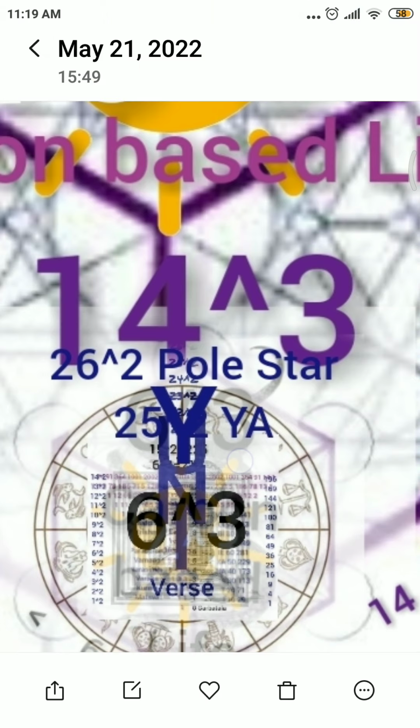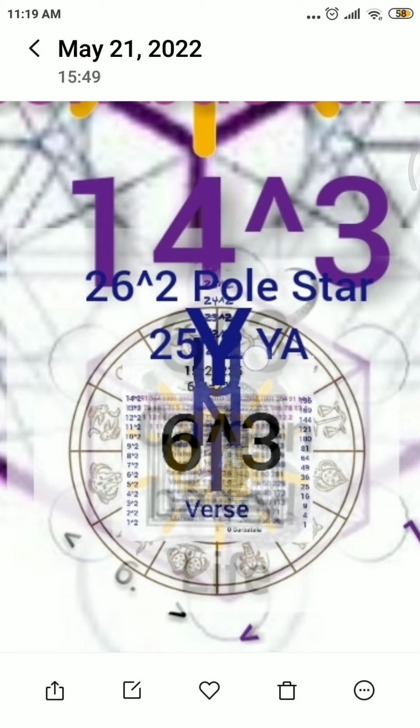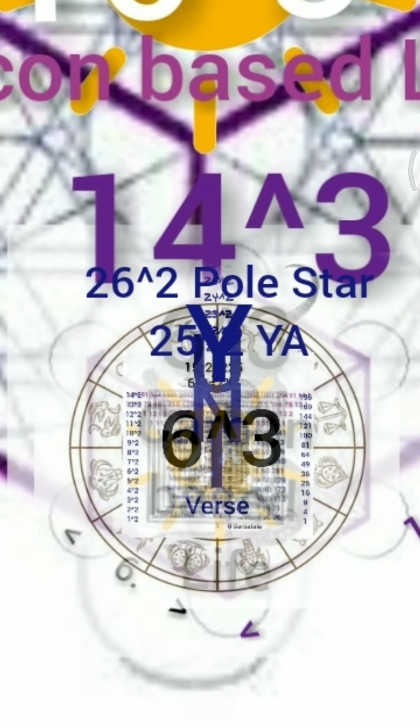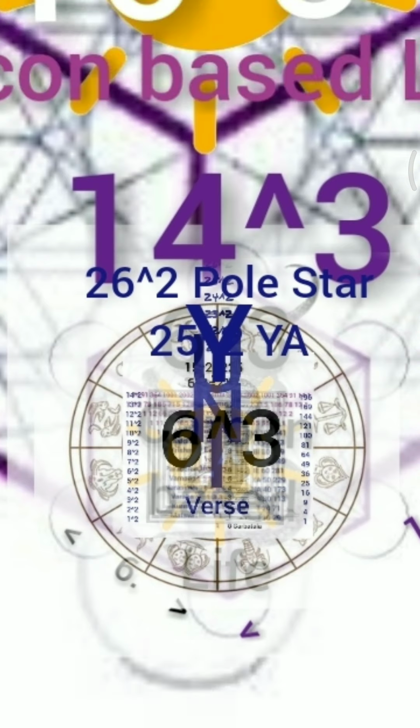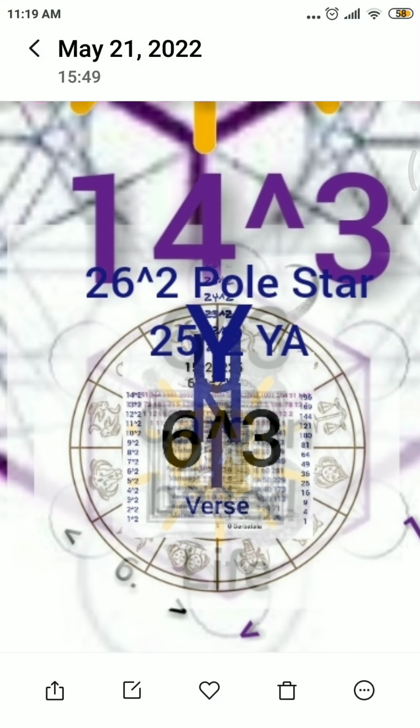These planets, and I haven't explained about the constellations. So the 6 cube is here, from here to here, that is the 6 cube or the Orphic egg. And around this Orphic egg, or 6 cube, we have the regular 12 constellations, within the universe.